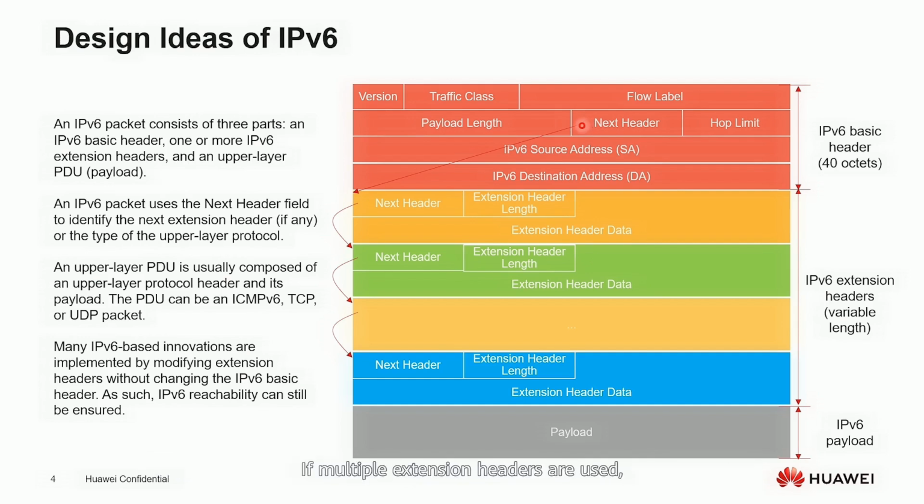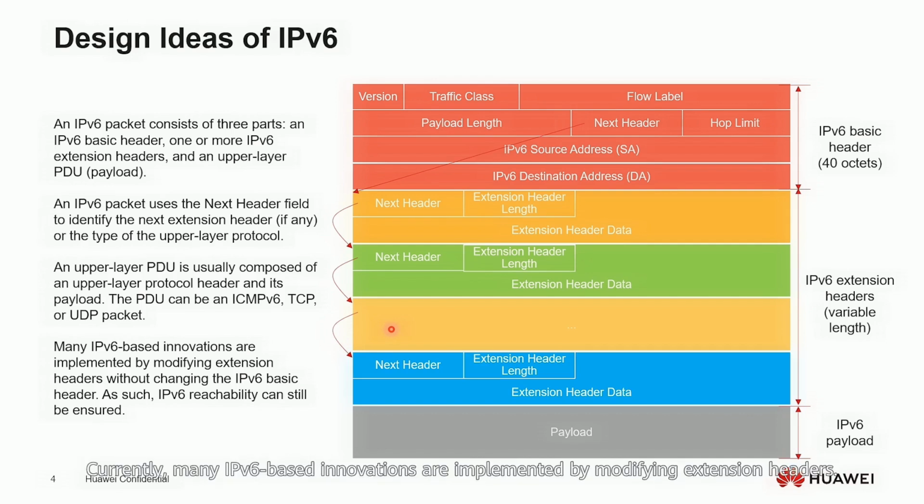If multiple extension headers are used, the next header field is used to indicate the type of the next header that follows. An upper layer PDU is usually composed of an upper layer protocol header and its payload. The PDU can be an IPv6, TCP, or UDP packet.